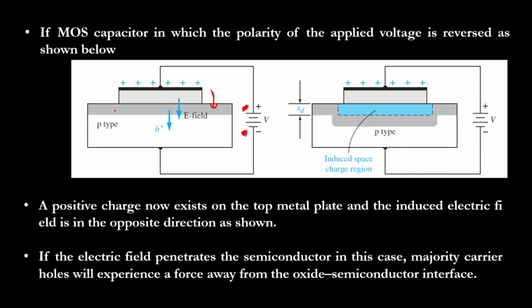All the holes will experience a force away from the oxide semiconductor junction, and the holes will move in that direction, and in this region the holes will not be available. We can call that region an induced space charge region.